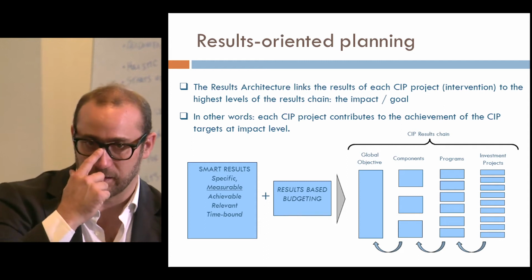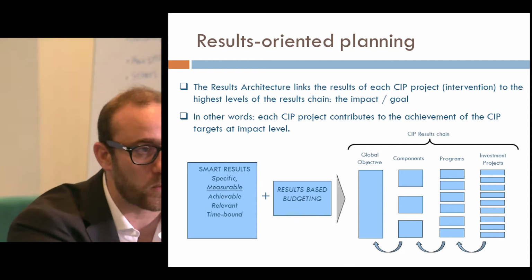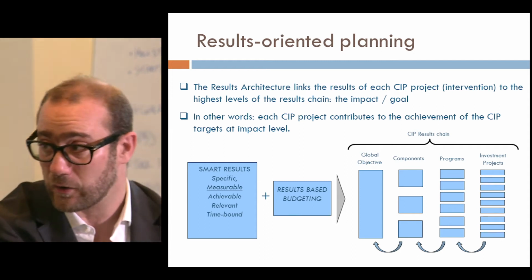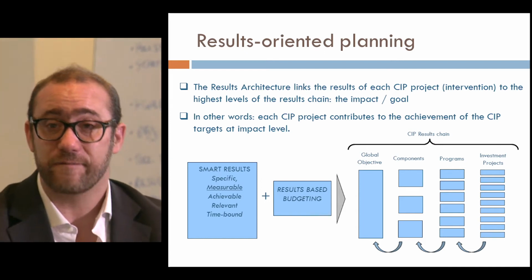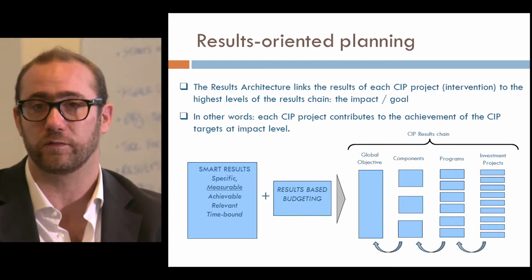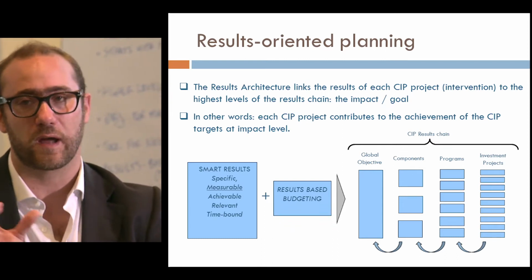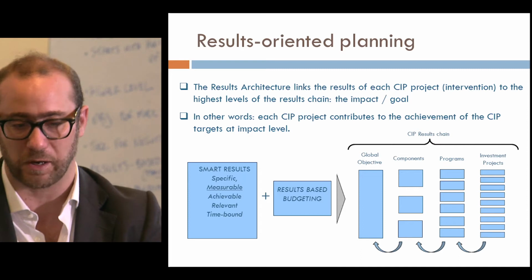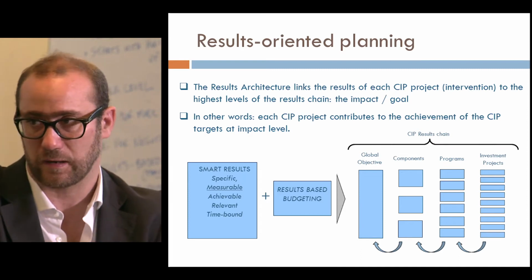And this is again important to keep in mind while we design our investment plan. Every result of the structure of the investment plan needs to have a clearly identifiable budget. We will see that for the case of Bangladesh in the third part of the session.